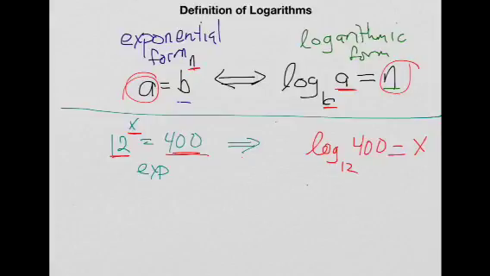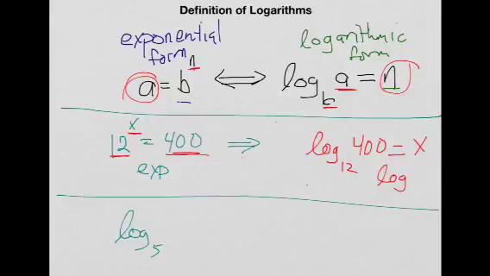I still don't know how to evaluate these things, but if I can evaluate this logarithm, now I can find out what x is. I've changed this from exponential form to logarithmic form. Now I can go the other way around. Let's say I have a problem: the log base 5 of x equals 7.